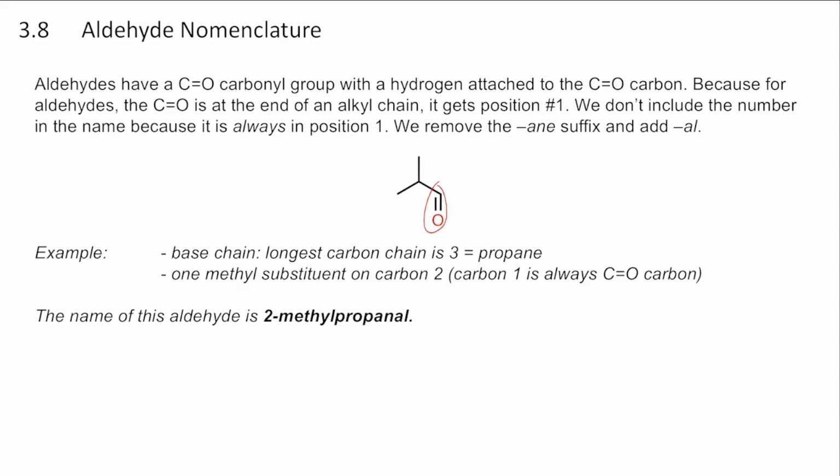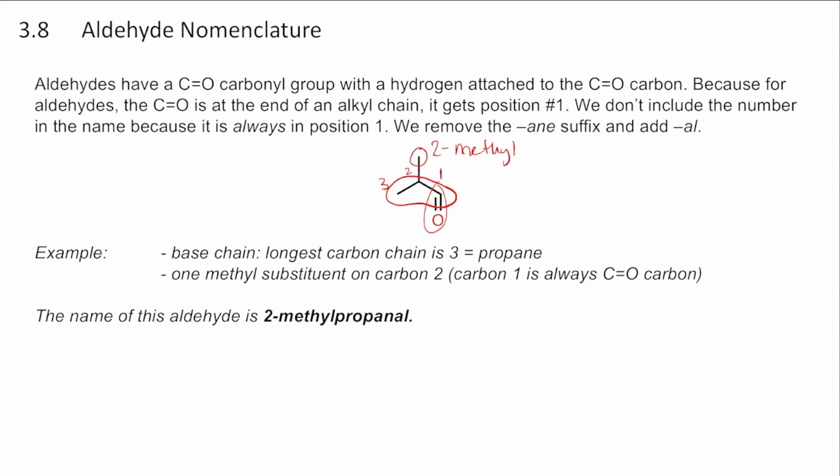And because it gets priority, we always give position number 1 to the carbonyl carbon. So we find the longest carbon chain that includes the carbonyl carbon, which in that case is here. We number it 1, 2, 3. We always give the aldehyde position 1. We have a methyl here on carbon 2.